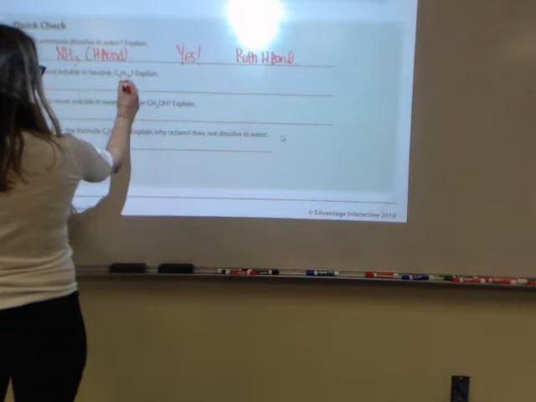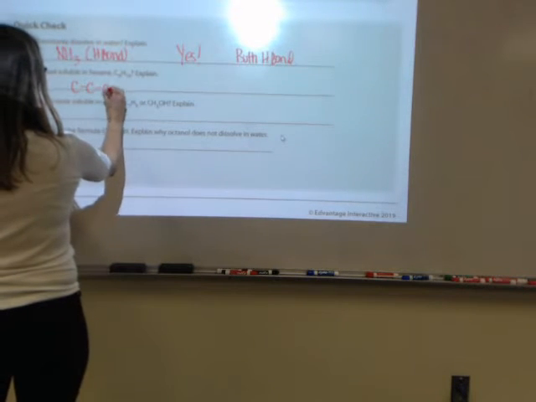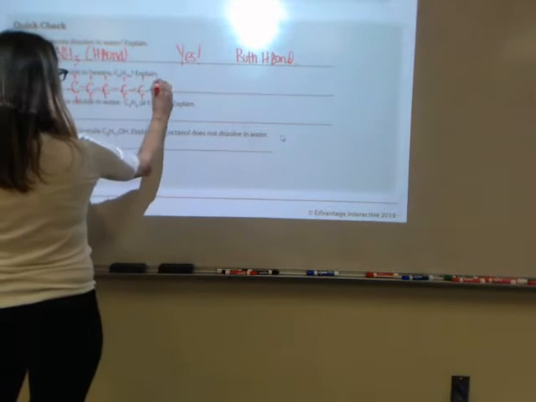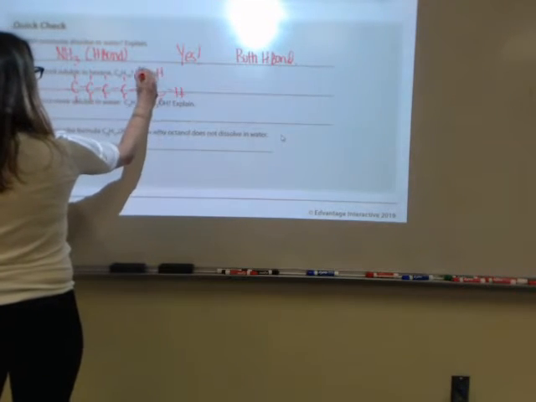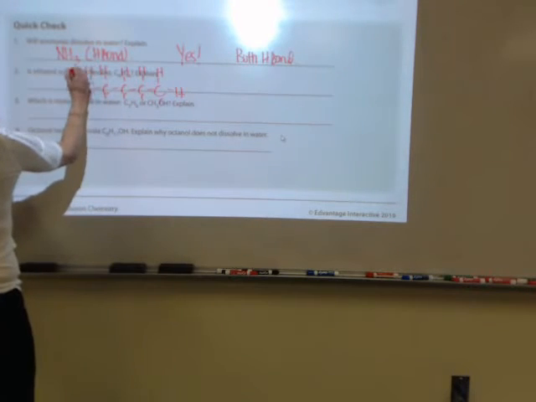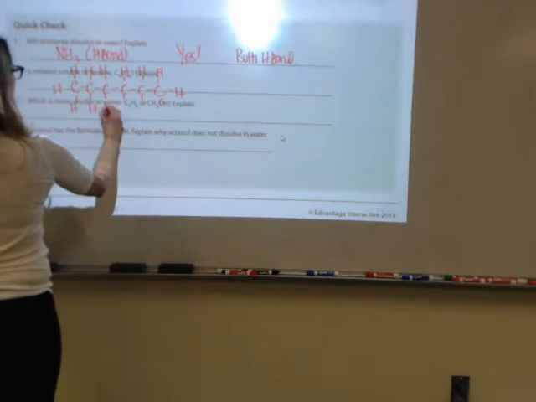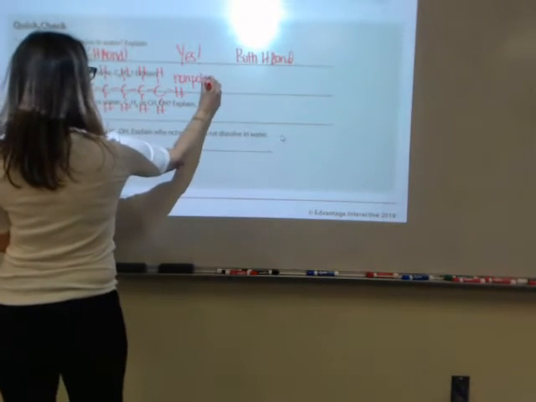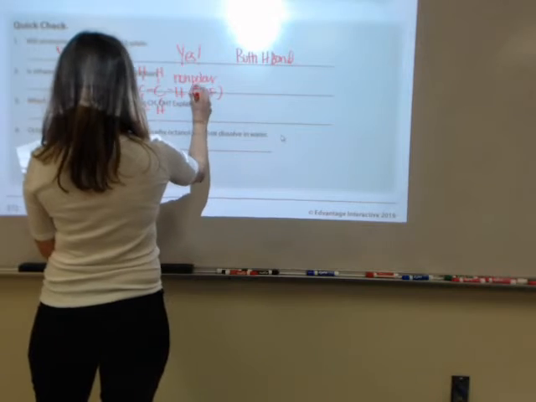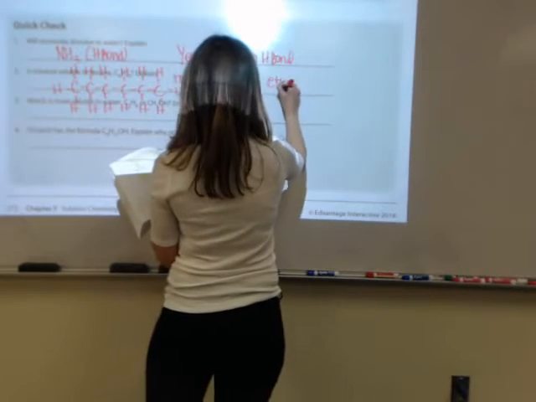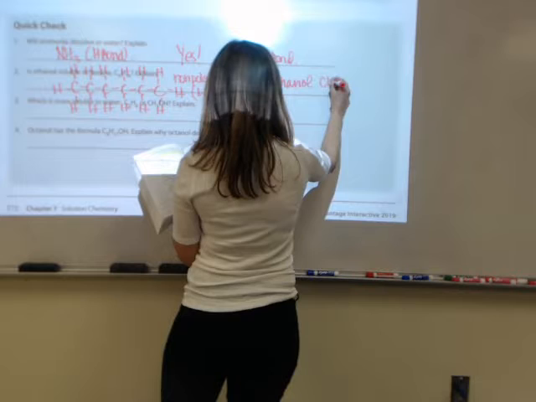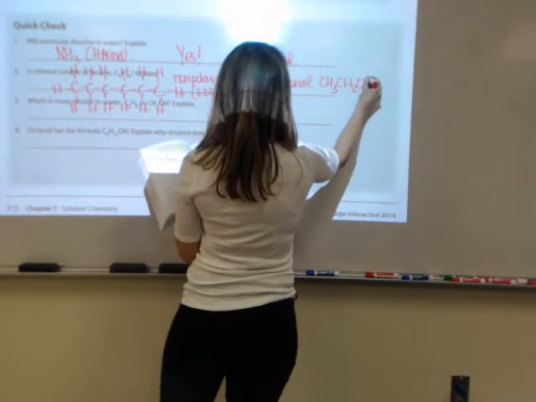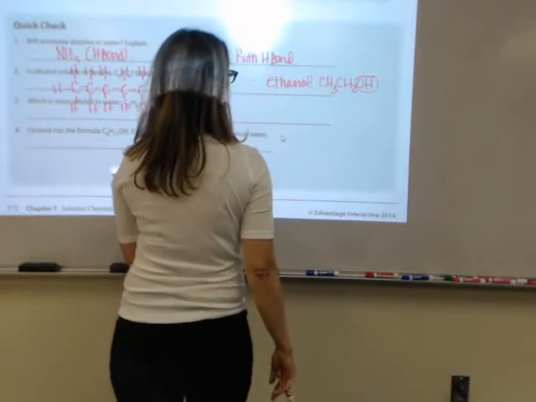Well, hexane is a very long carbon chain. It's got 6 carbons, and then it's got hydrogens coming off of all of those carbons. So this is a very long, nonpolar hydrocarbon chain. So if this is nonpolar, that means it only has London dispersion forces, whereas ethanol, which was CH3CH2OH, has the ability to hydrogen bond with other ethanol molecules.